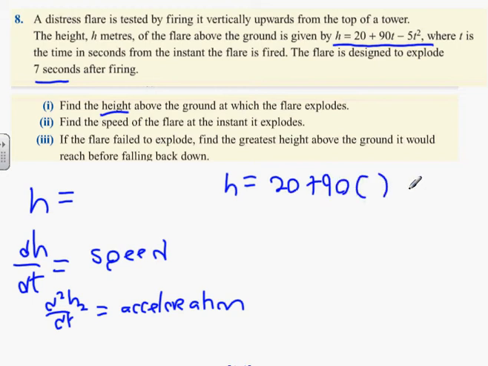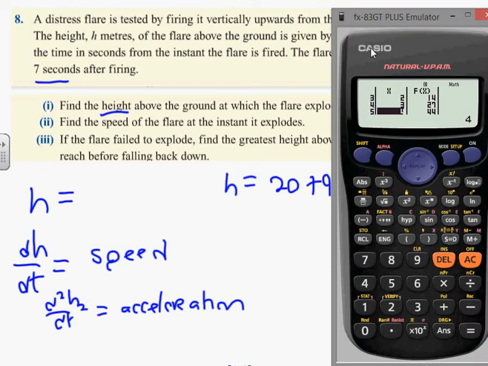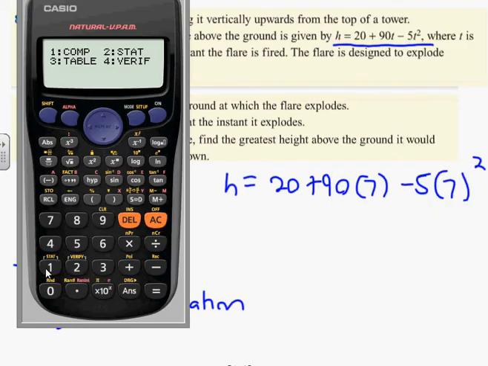Can somebody try that out on the calculator for me? 20 plus 630 minus 5 times 7 squared. What you get? 405. The height is 405 meters above the ground when it explodes, okay?